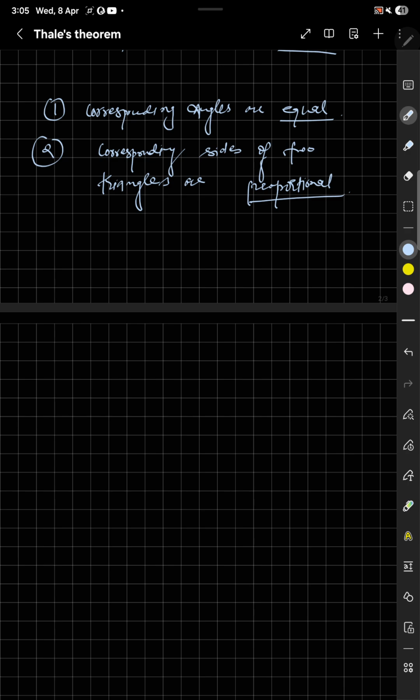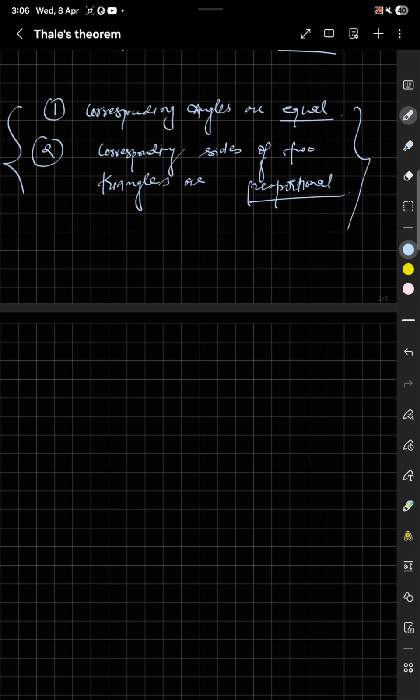Two triangles are similar if and only if the corresponding angles are equal, so both criteria are dependent here. Means if you prove the angles are equal, then the triangles will be similar. If you prove the ratio of the sides are proportional, then the triangles will be similar. So this is called the basic criteria for the similarity of two triangles.